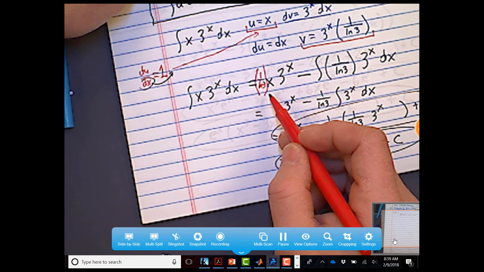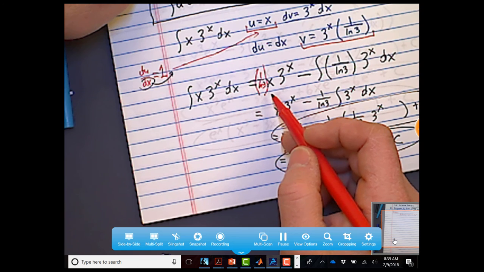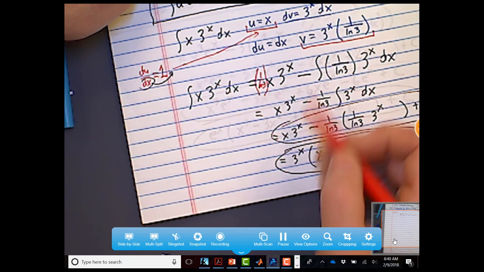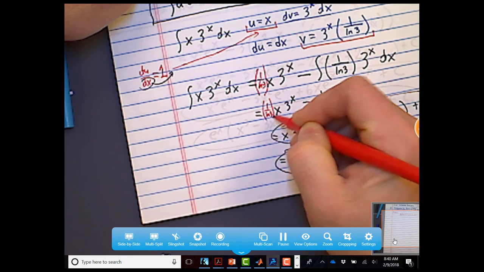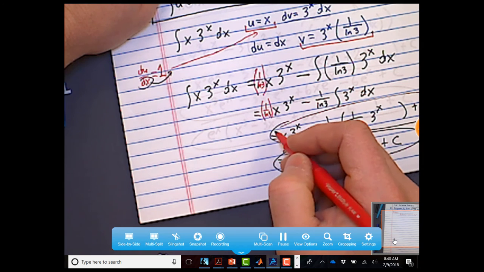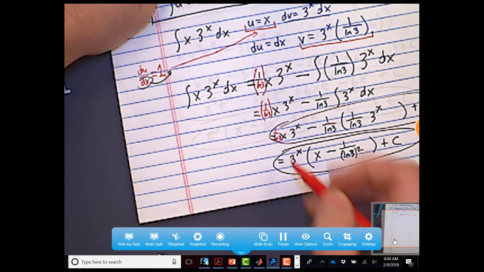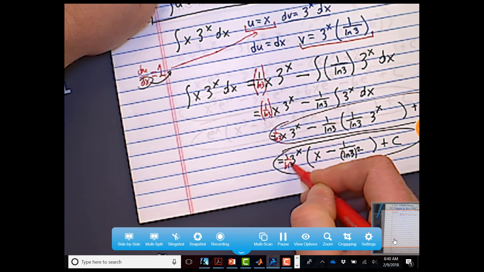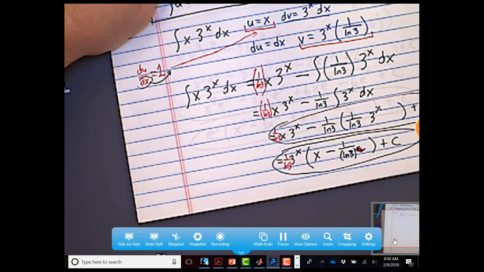Yeah, because I noticed that we used the antiderivative. We didn't do that. No, you're supposed to use u and v. So I have a mistake. If you guys want to correct your notes, you can follow with me. That 1 over natural log of 3 is part of the original, and so you could factor that out, and this would only be to the first power at that point.